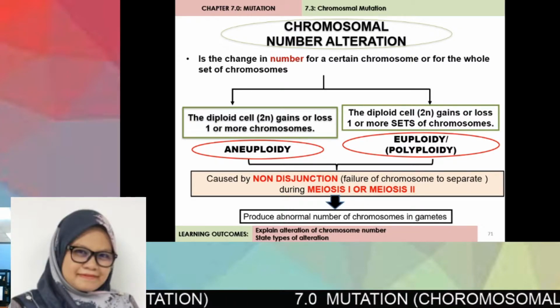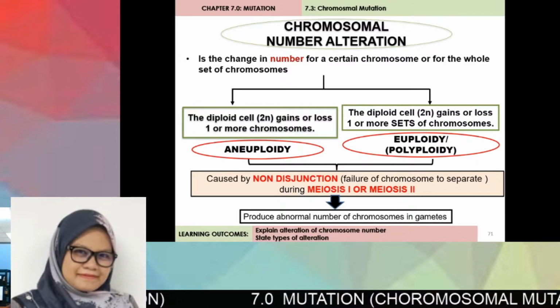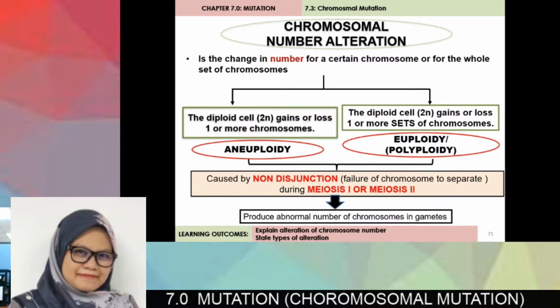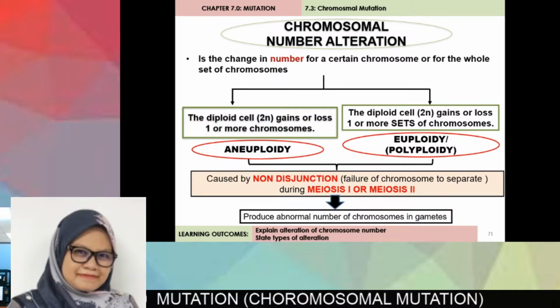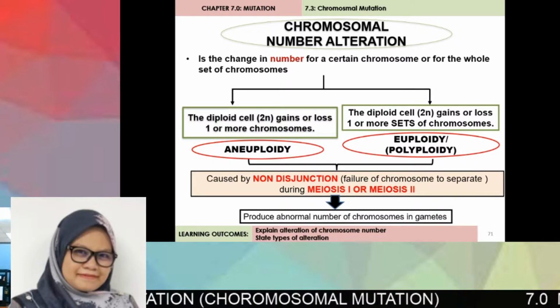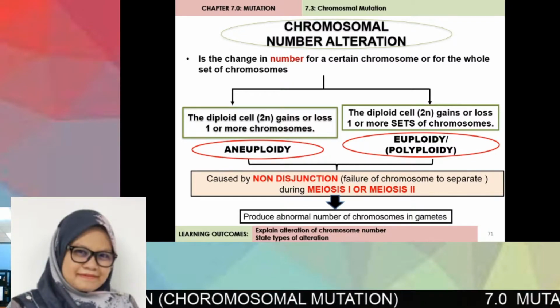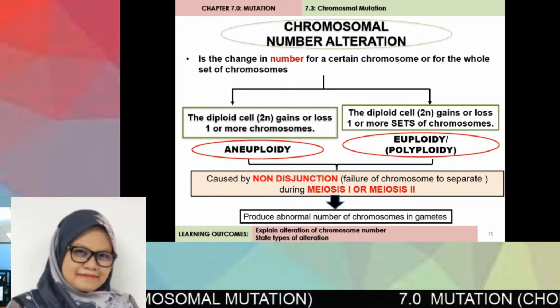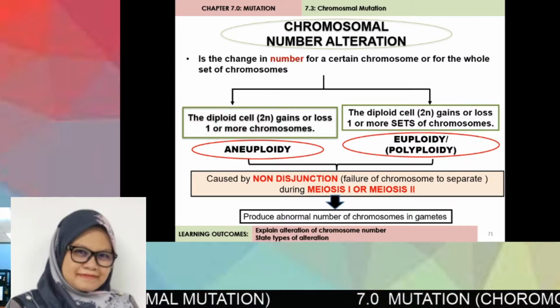Satu set datang daripada ibu which carry 23 kromosom, and another set datang daripada bapa and equal to 23 also. So apa yang berlaku dalam kes euploidy ini adalah penambahan set satu atau lebih.